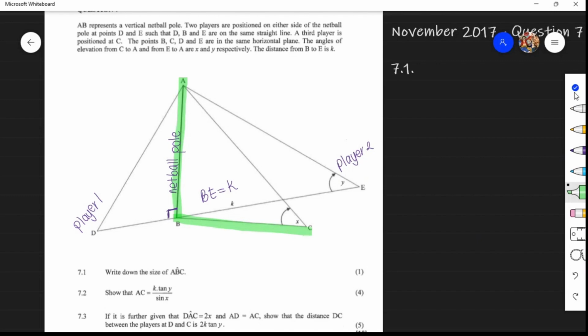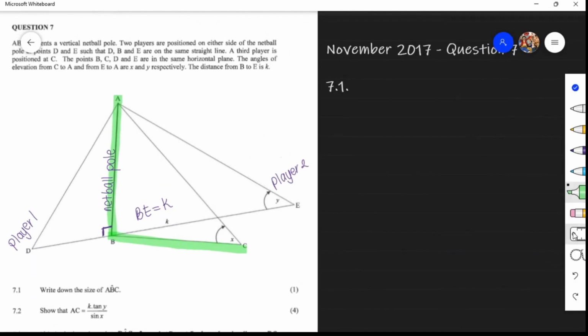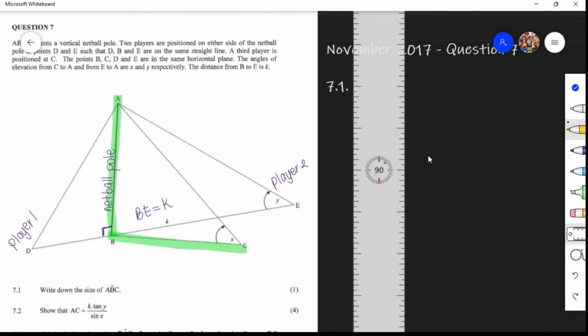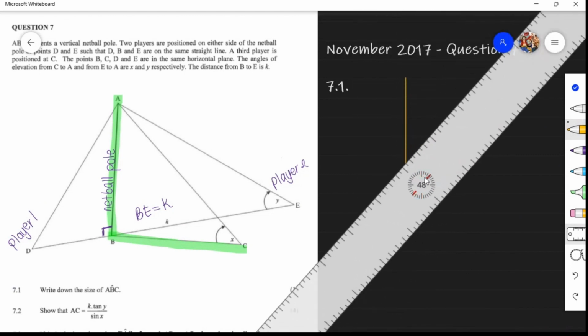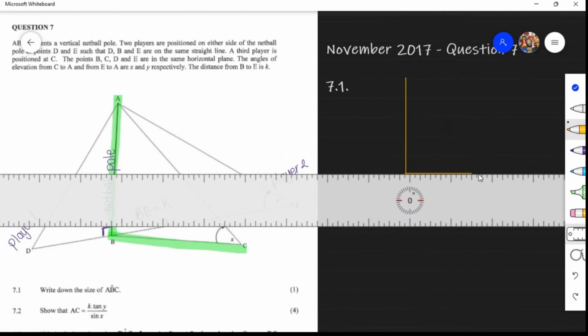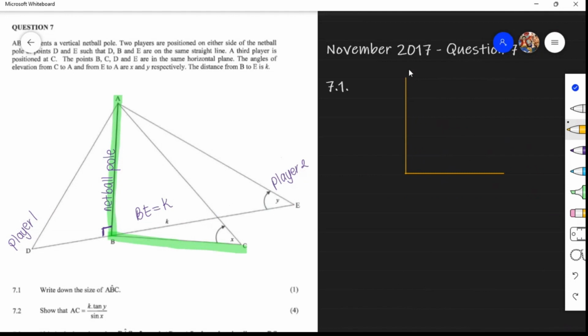So if we were to draw this, we have A, B, and C. This is our ground, and this is our netball pole.